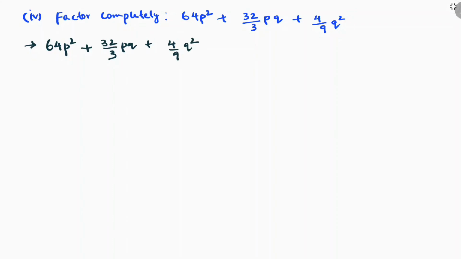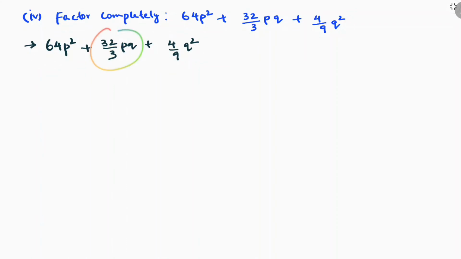If you observe this, we can use identities directly. It is in the form of a square because (8p) whole square, and this is also in the form of a perfect square, that is (2 by 3 q) whole square. So these both are in the form of a square and b square.